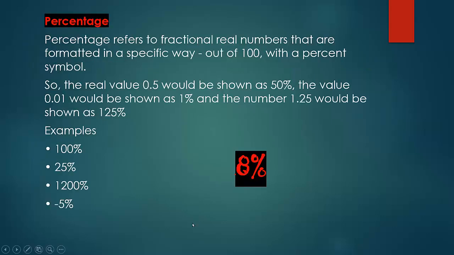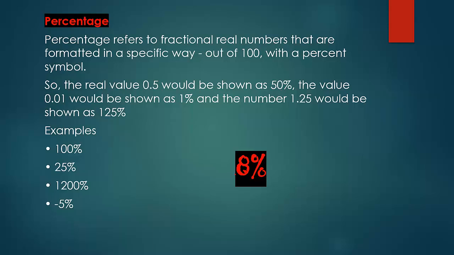And we have the percentage also. Percentage refers to real numbers that are formatted in a specific way, out of 100 with a percent symbol. So the real value of 0.5 would be shown as 50%.